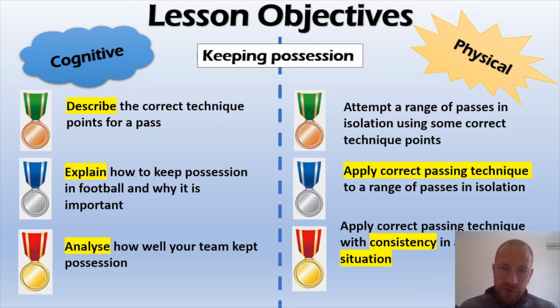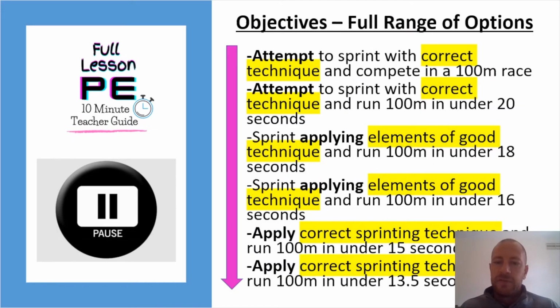Most of our lesson objectives will look like this, and how we'll put them onto the lesson plan videos is that I'll give you a full range. So you can pick out 3 objectives that will most suit your group, so you can level it accurately. That will look a little bit like this.